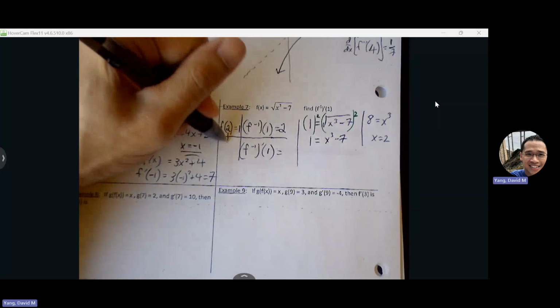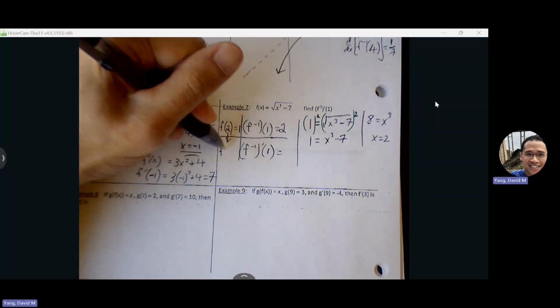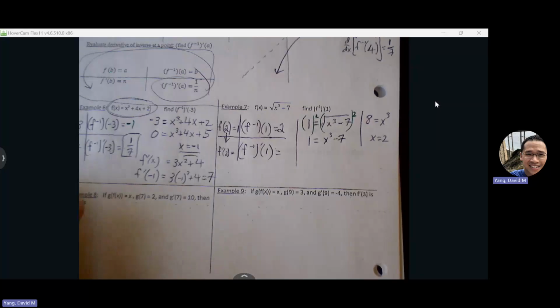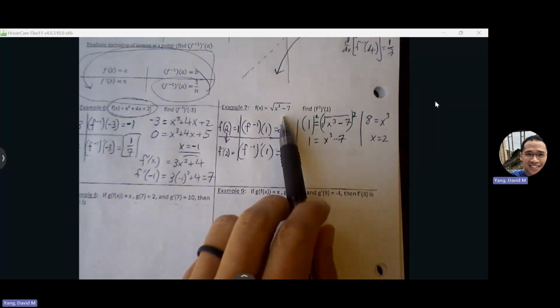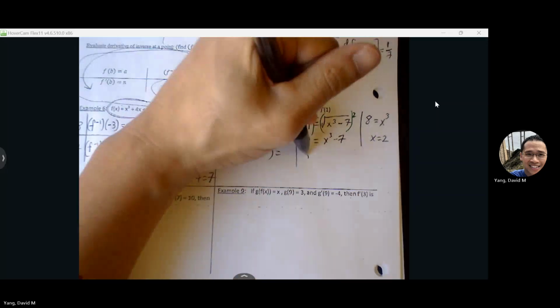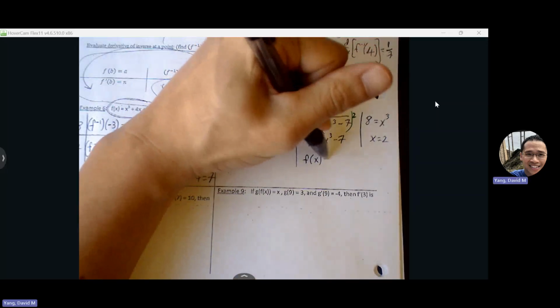Okay, move down. We want to find f prime of 2. Before we can find f prime of 2, we first have to find f prime of x. To find f prime of x, we have to go through what rule?